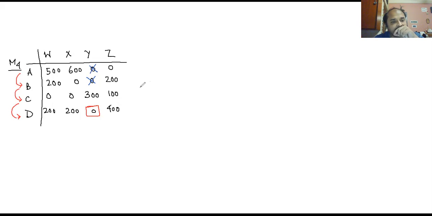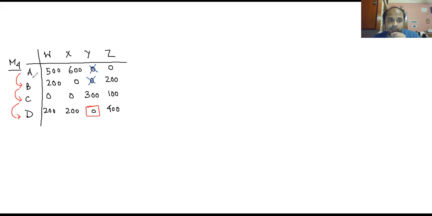Then I'm going to check again row wise. You can also check column wise. If you ask me to check column wise, I must say that column Z contains a single zero.